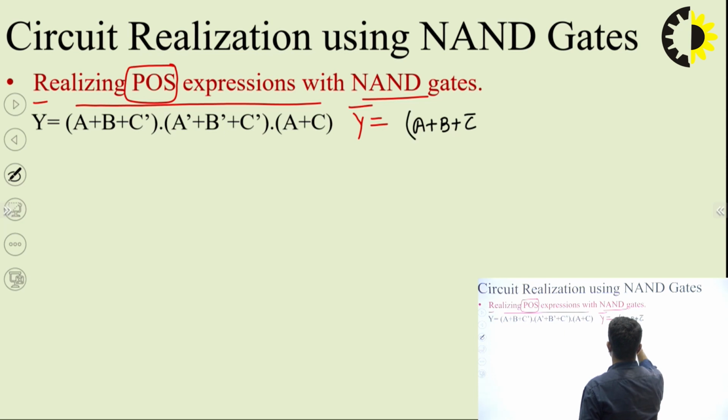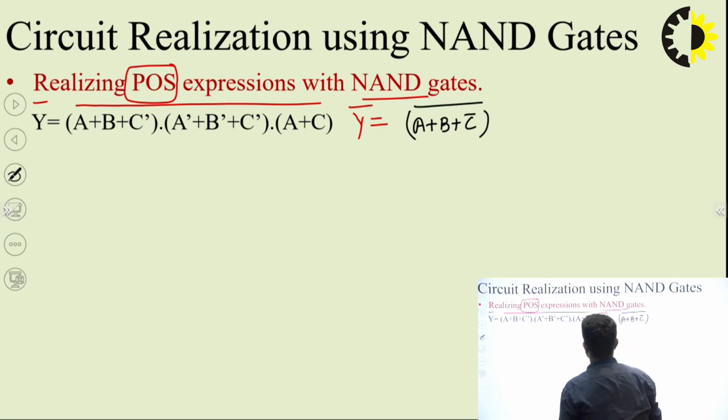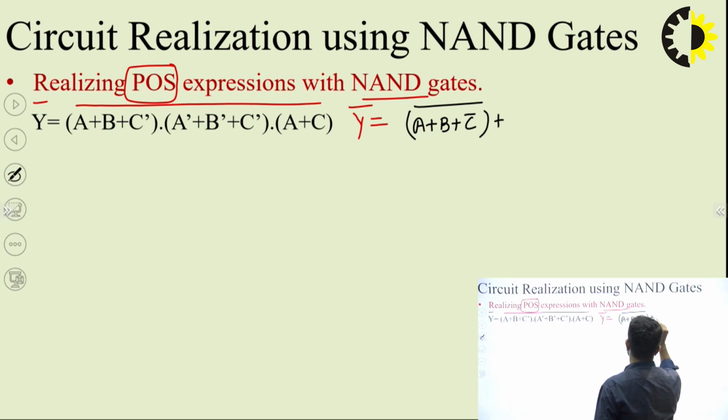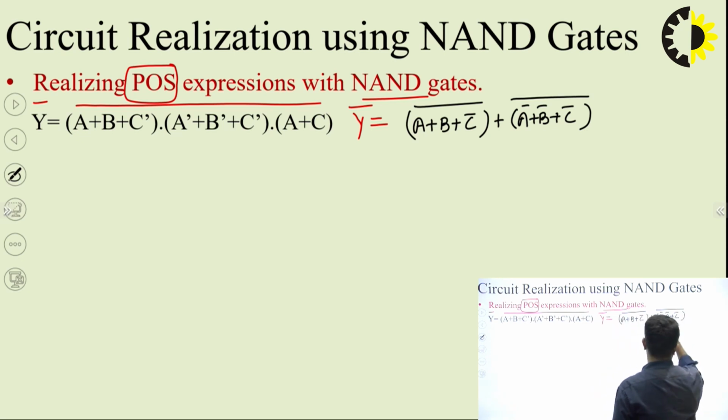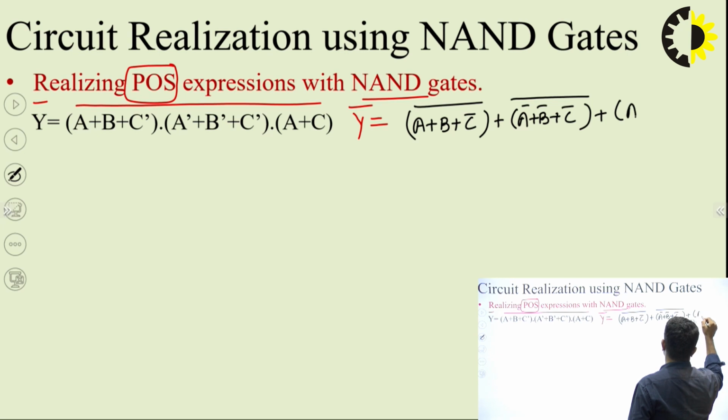So this is the first sum bar. Then this dot changes to plus, A complement plus B complement plus C complement bar. Then again this dot changes to plus and A plus C whole complement.